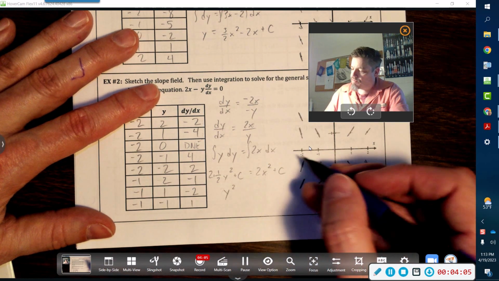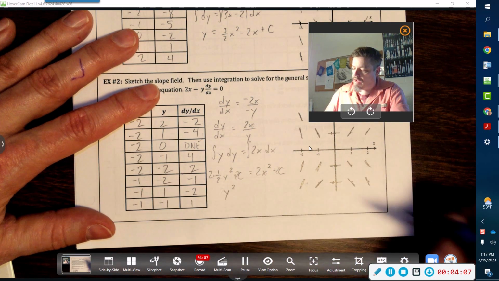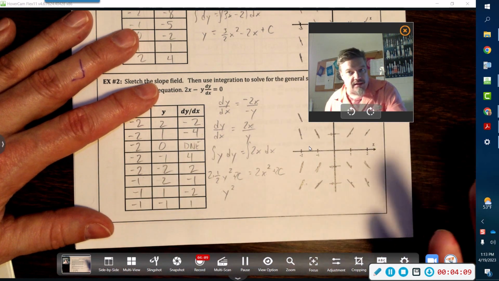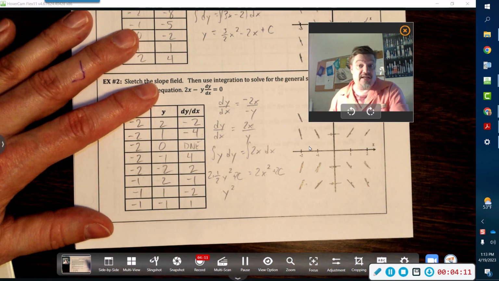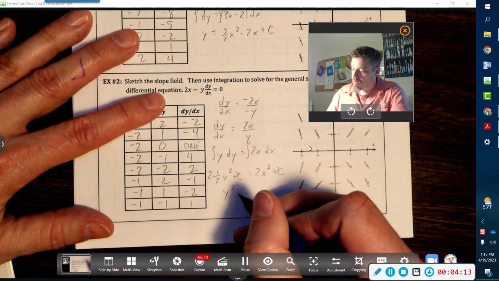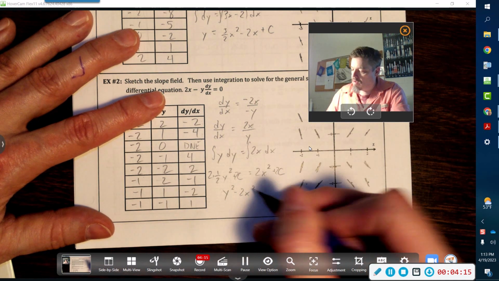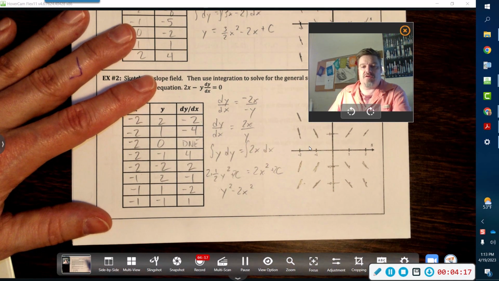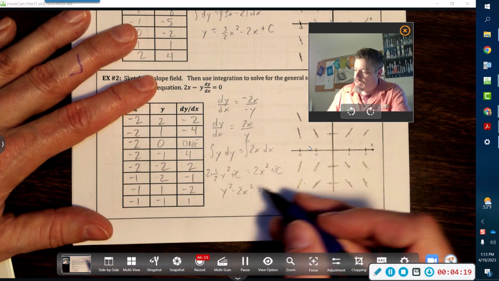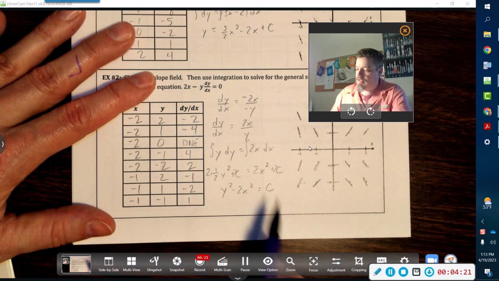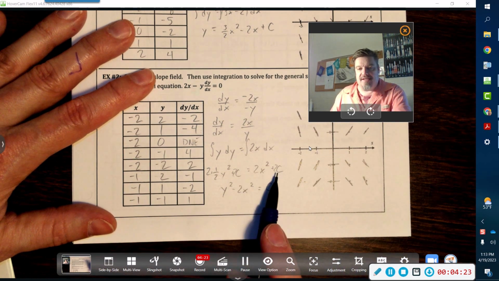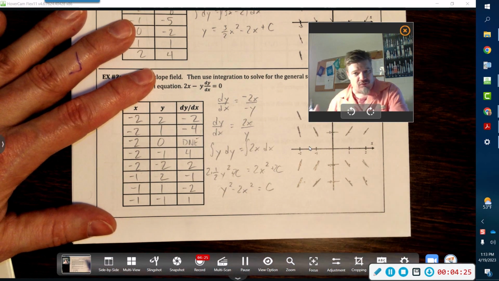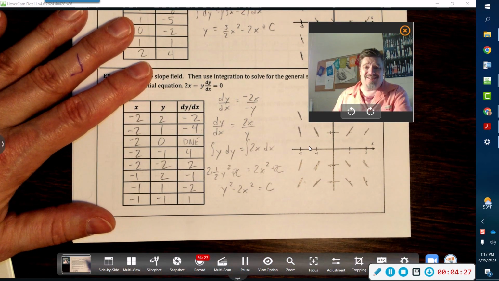I can multiply the c's by 2, sure, but c could be anything, so 2 times anything is still anything. So we're going to move this over here. So 2x squared equals, and then we've got the c's. This c added to this c is still another general c, so c can be any constant whatsoever.